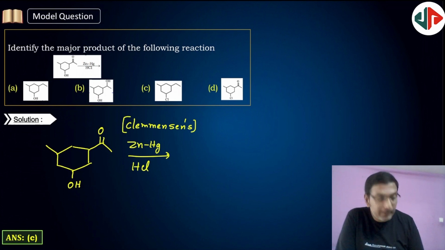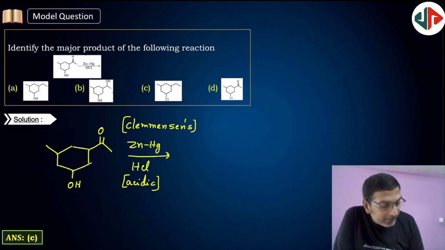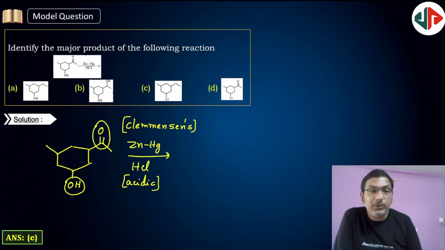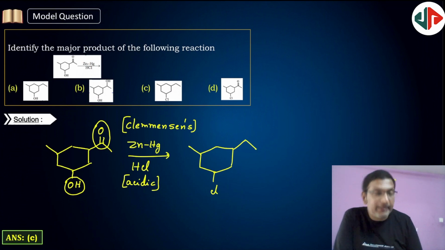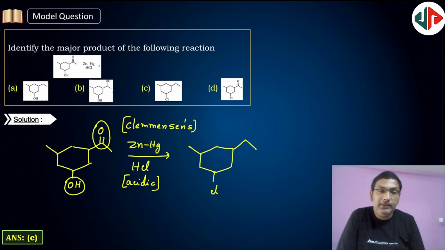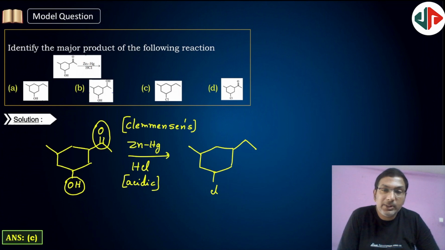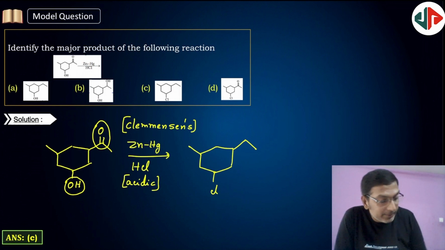It is an acidic medium. In acidic medium, OH will be displaced with Cl and CO will be converted to CH2. Therefore, here Cl and here CH2CH3. So both substitution and conversion of CO into CH2 take place. Therefore, option C.